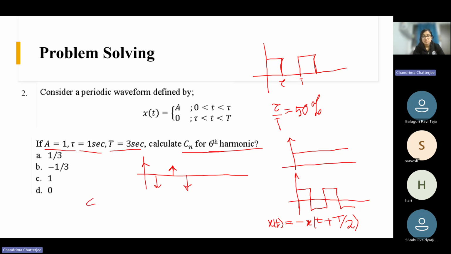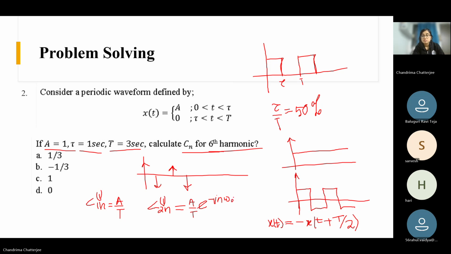Suppose C1n we have already found out in the last question. This was capital A by T. And C2n, the impulse in the negative direction, will be A by T e to the power minus j n omega naught tau.